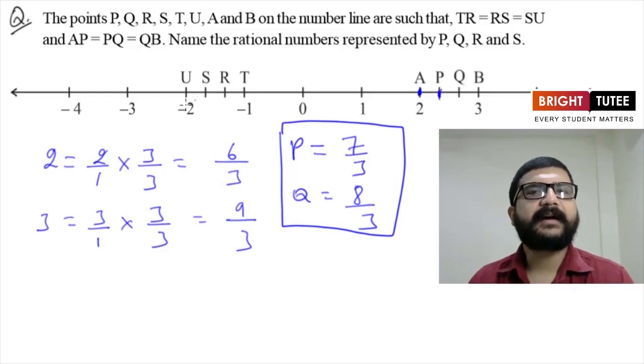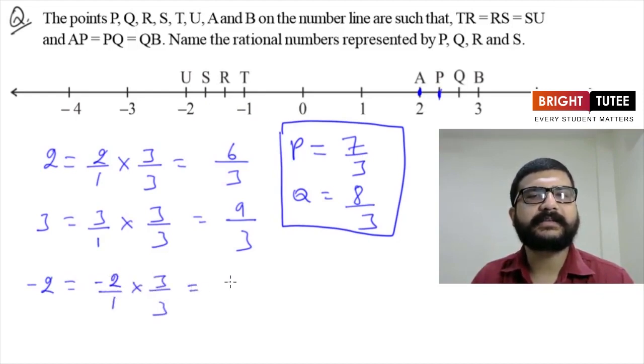Here S and R are dividing this region between -2 and -1 into 3 equal parts. So let's write -2 and -1 in their equivalent forms in which the denominator is 3. So we can see -2 is equal to -2 upon 1. Now let's multiply it with 3 upon 3. This gives us -6 upon 3 and then -1.